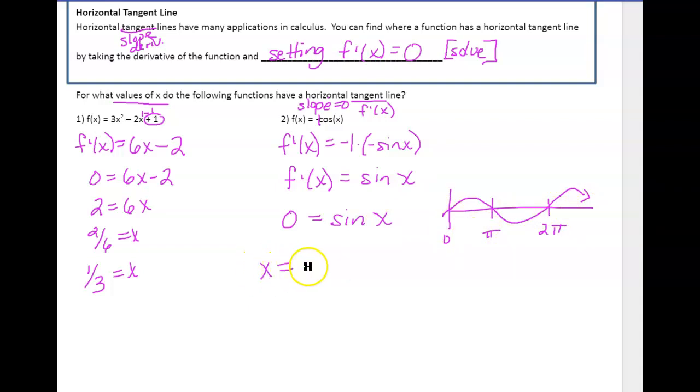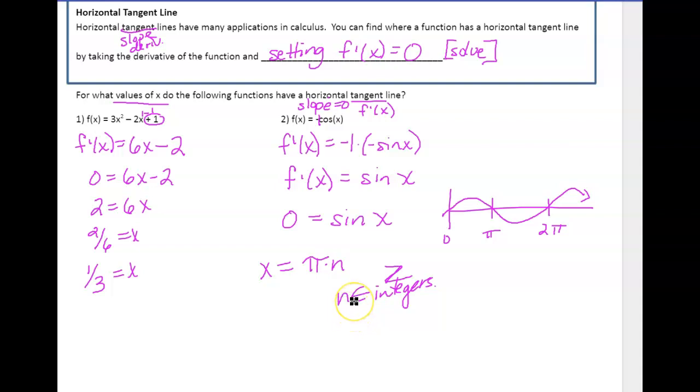So x equals, we've got every pi times n, where n is all real numbers. It's really going to be our integers. Okay? Which is actually, I believe it's Z.